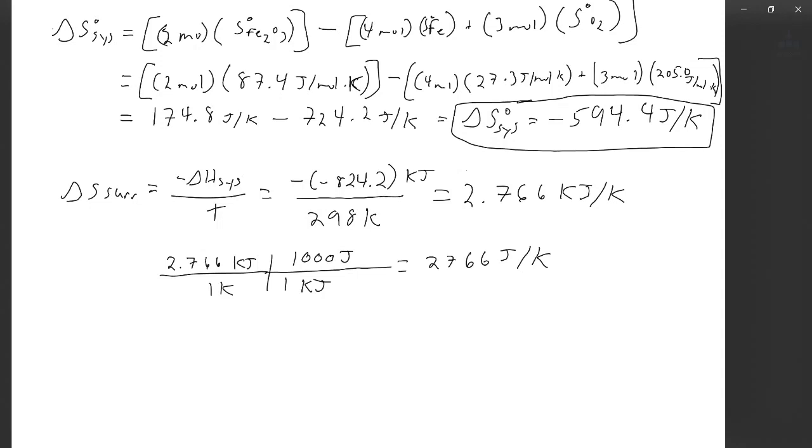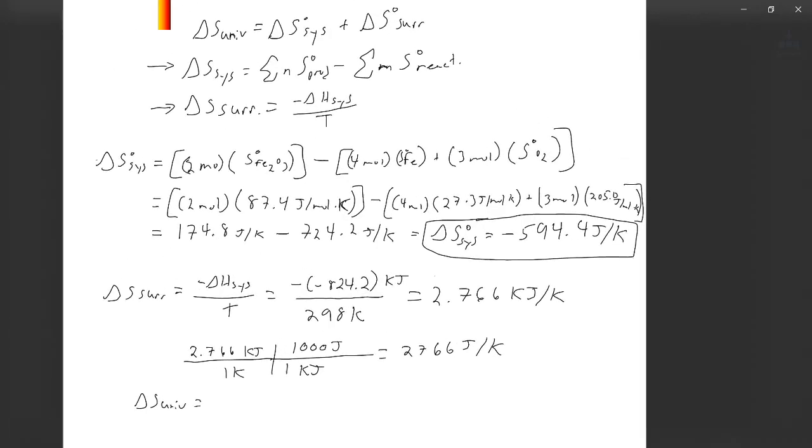We have the value for the system. Now we want to know delta S universe, which will be equal to, if we come back up here to our equation, delta S of the system, so minus 594.4 joules per Kelvin plus 2,766 joules per Kelvin.